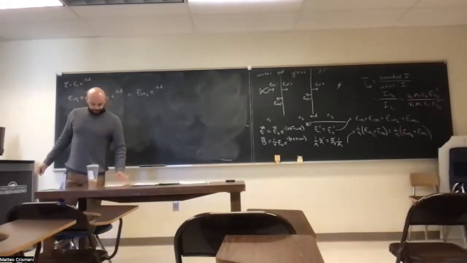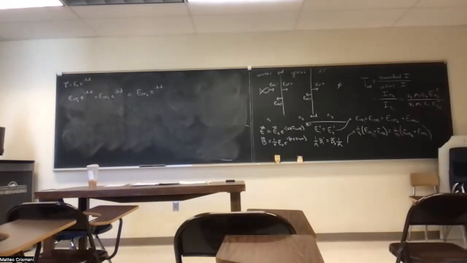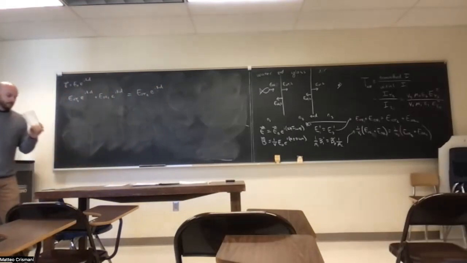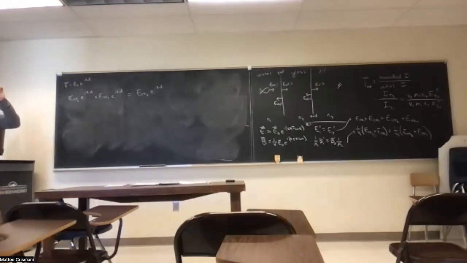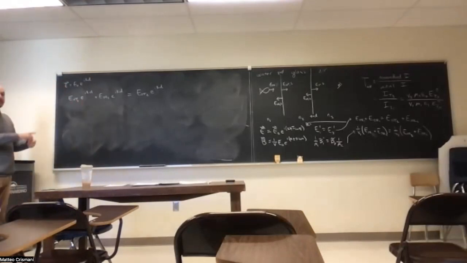Now, what have we missed? I got rid of it, I literally erased it, so you have to think. Velocities are going to change, you're right, that's taken into account here.